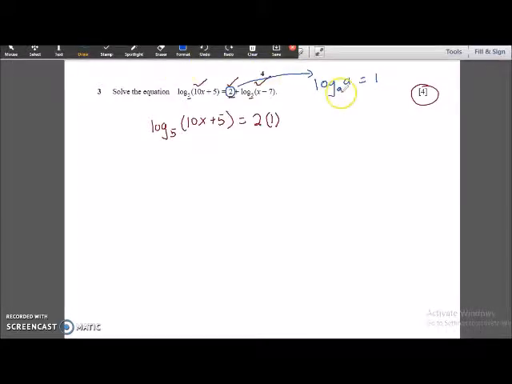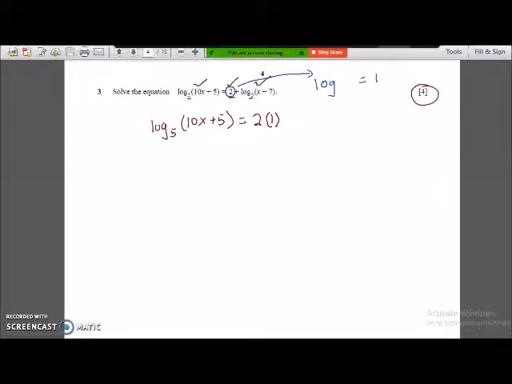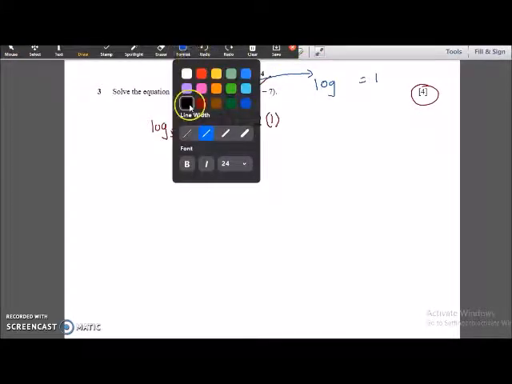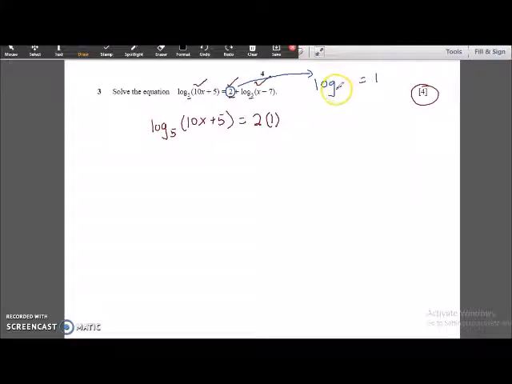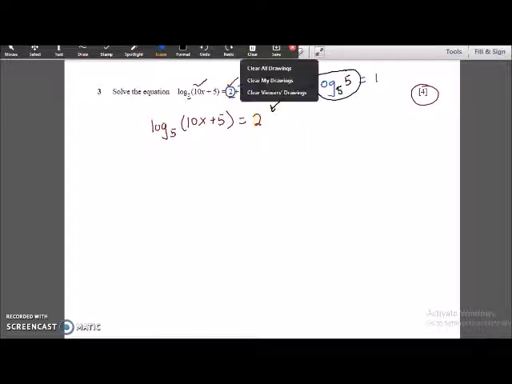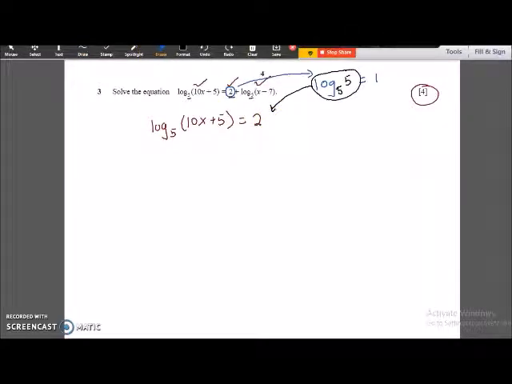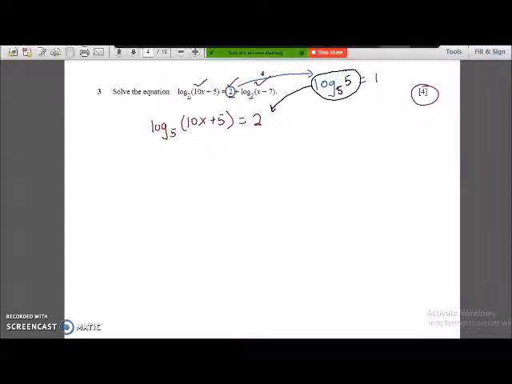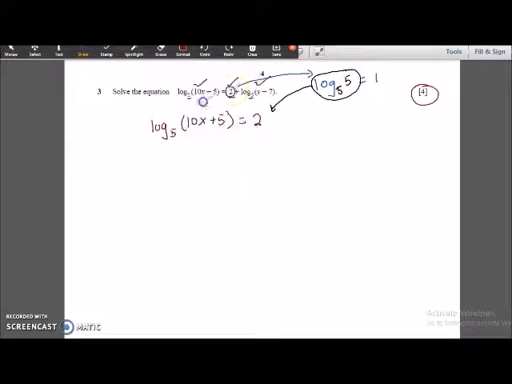So we could change this into log 5 base 5, and this is what we can do to replace it over here. Okay, so we just erase this, and we continue.